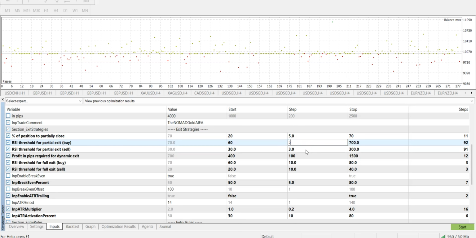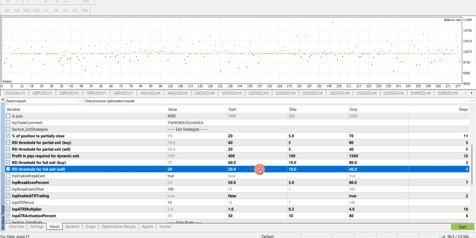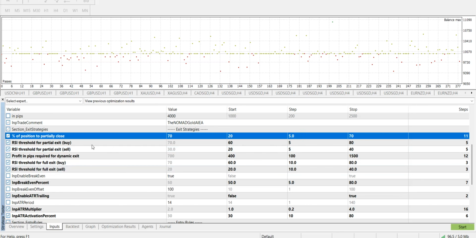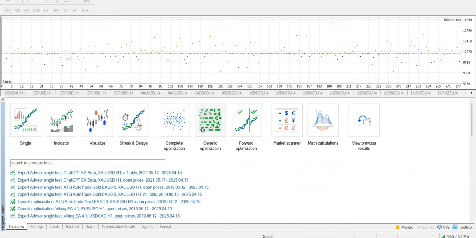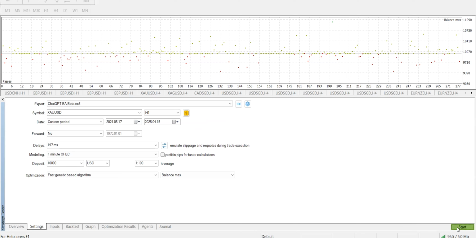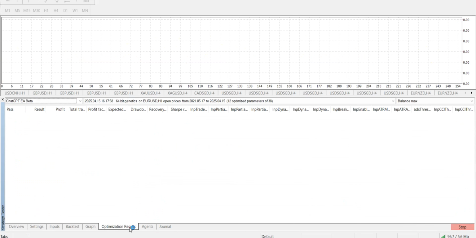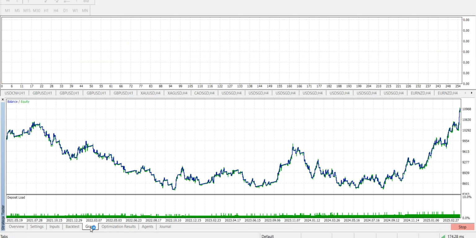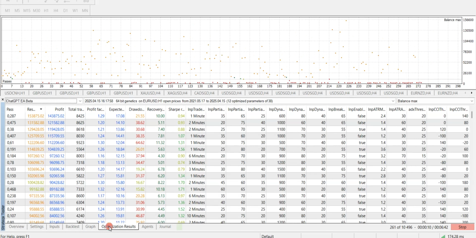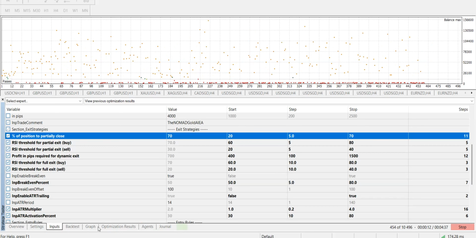Now what I am doing is setting some basic ranges for the position, how much it is going to close, and with the optimization we are going to see, for a certain parameter set, what the perfect amount is.